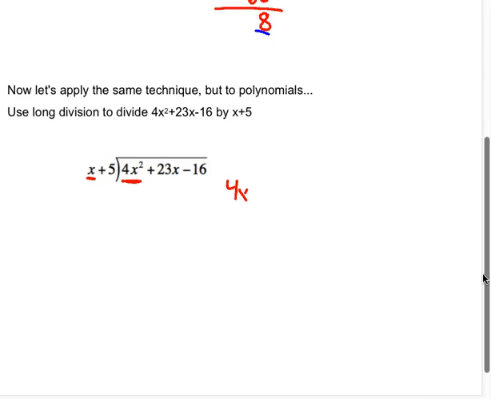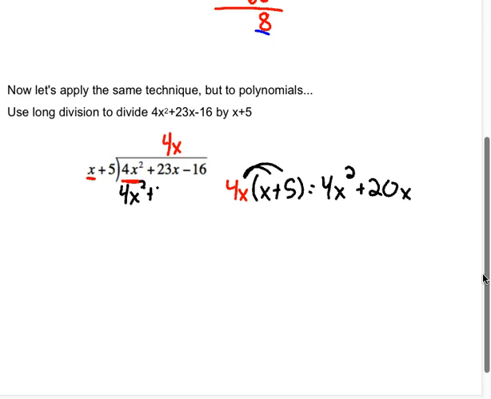Then I need to multiply by x to get it to be squared. So I'm going to be multiplying by 4x. So I'm going to take the whole thing, that x plus 5, and multiply it by 4x. That's going to give me 4x squared plus 20x. So that's what I bring here, 4x squared plus 20x.